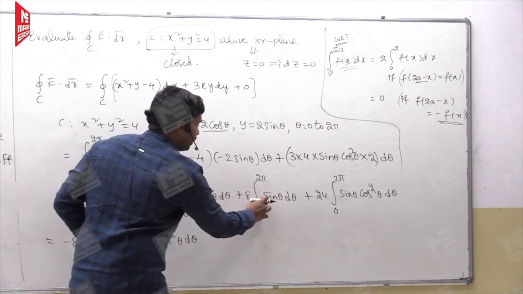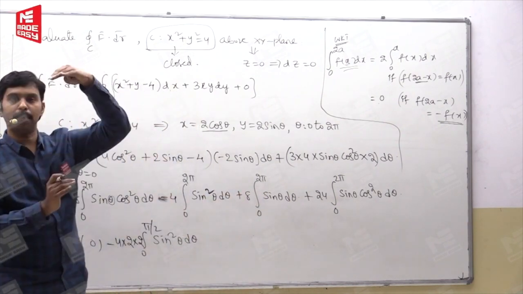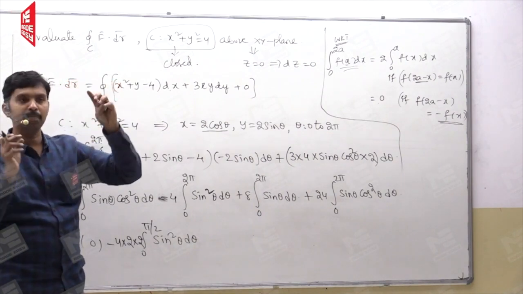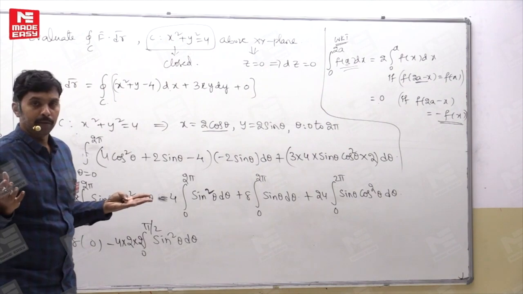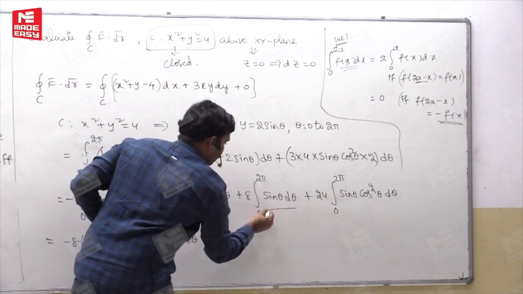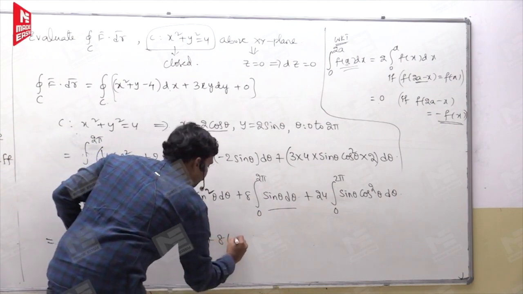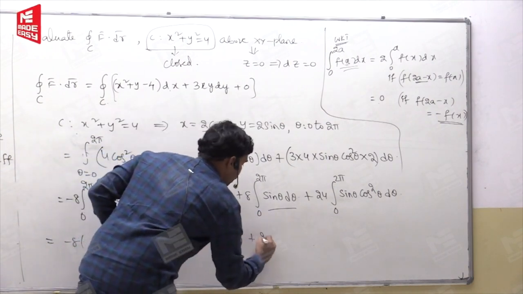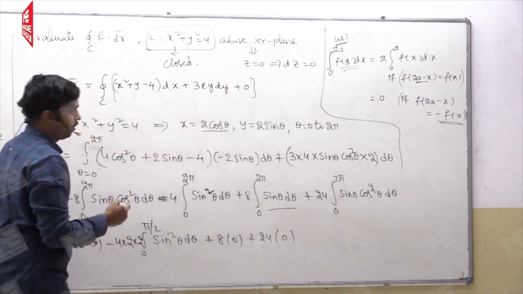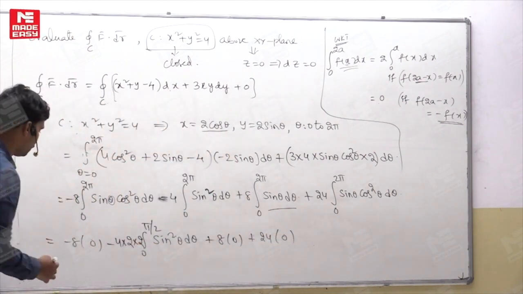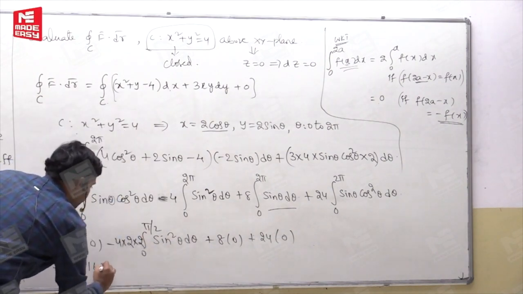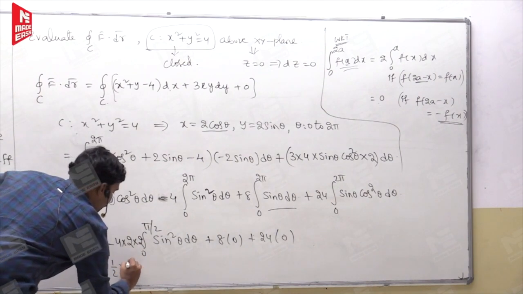And coming to this sine theta, 0 to pi is the upper side, and pi to 2 pi is the lower side. So the areas are same, but magnitude is different, so it is plus and the other one is minus. Therefore, this integral will remain 0 here. Then the same for this integral, that is 24 of 0, because sine theta is there, right? So now this is 0, 0, 0, 0 over there, and it is minus 16 into 1 by 2 into pi by 2.